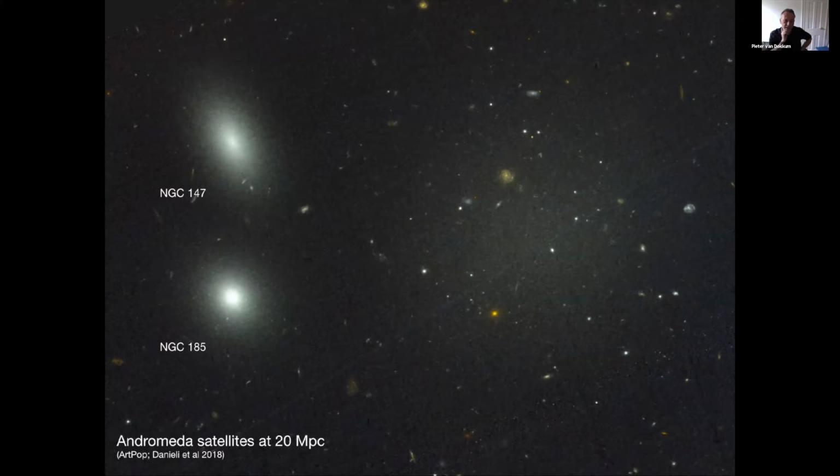Now this is putting the 2 galaxies with the most similar stellar masses in the Local Group at the same distance to compare, right? Famous galaxies, NGC 147 and 185, satellites of Andromeda. This is what they look like compared to DF2, and very, very different. So again, this super spread out distribution allows us to measure the dark matter.